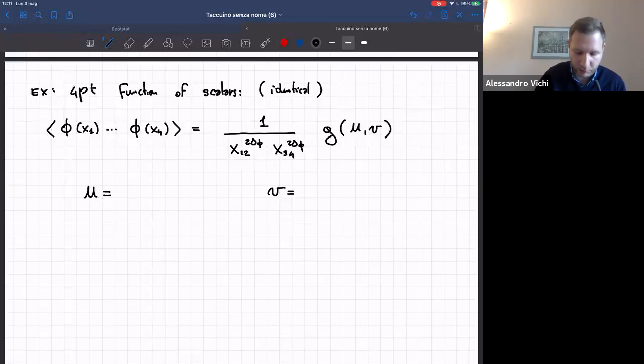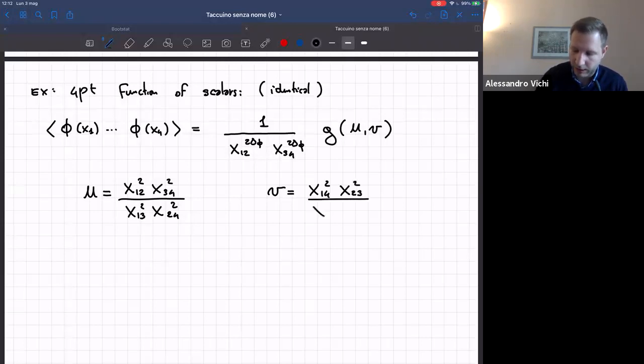One possible combination, which is the most used in the literature, is the following: x12 square, x34 square divided by x13 square, x24 square. You see it's invariant under translation, rotation, and dilatation. But this would be the case for any homogeneous function of the modulus of the differences. You need really all the 4 points in order to have invariance under special conformal transformation. And an independent one is the following combination: x14 square, x23 square divided by the same denominator.